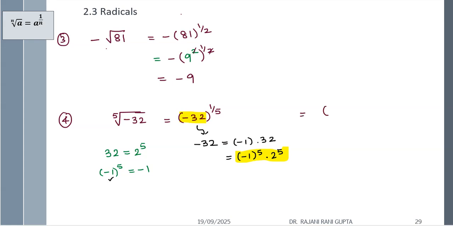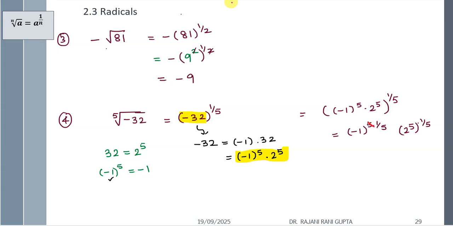Using this value in place of minus 32, what will you get? Minus 1 to the power 5 times 2 power 5, whole to the power 1 over 5. Now using the rule of exponents, this is minus 1 power 5 times 1 over 5, times 2 power 5 times 1 over 5.